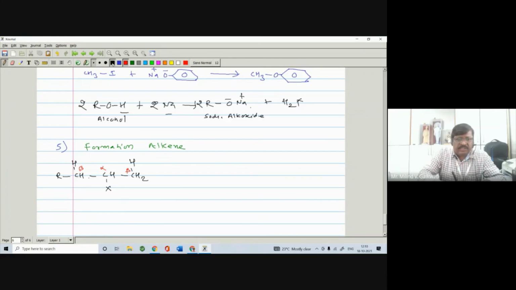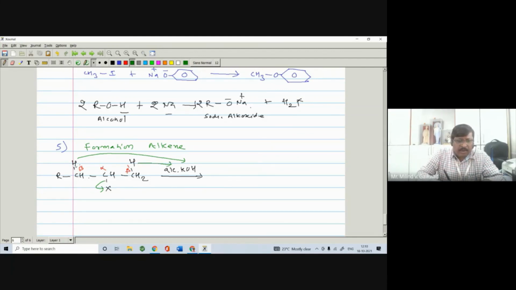When this compound reacts with alcoholic KOH, what happens? The bond between the C alpha and X undergoes breaking. X negative, C positive, and this base may abstract either this beta hydrogen or this beta dash hydrogen, right?